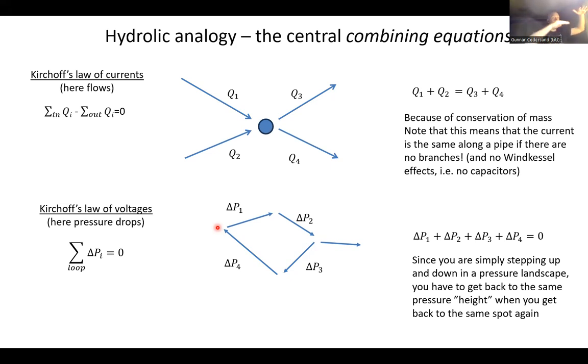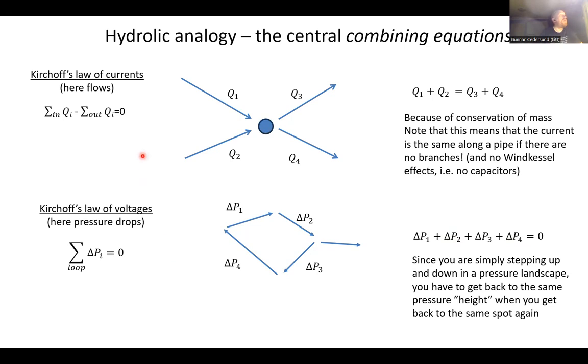Sometimes you go up, sometimes you go down, but if you come back to the same place, you're at the same height in the landscape. So it simply has to be the same pressure here. But note that typically in at least one of those steps, you go against the direction of the flow, which means that there will be a minus sign almost by definition in one of these in order for this to add up to 0.